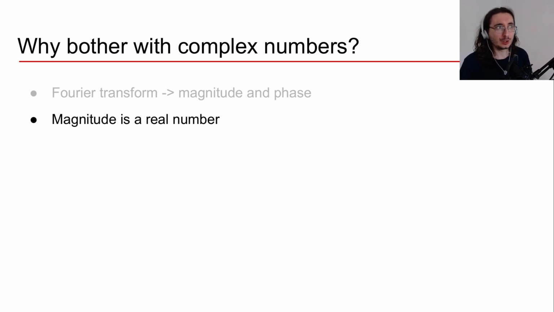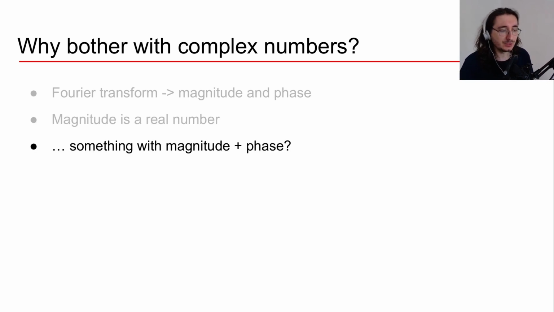And that's because we don't have a compact way of dealing with these two parameters at once, so magnitude and phase. And so wouldn't it be wonderful if we had something that we could use to deal in a handy way with both of these parameters at once?